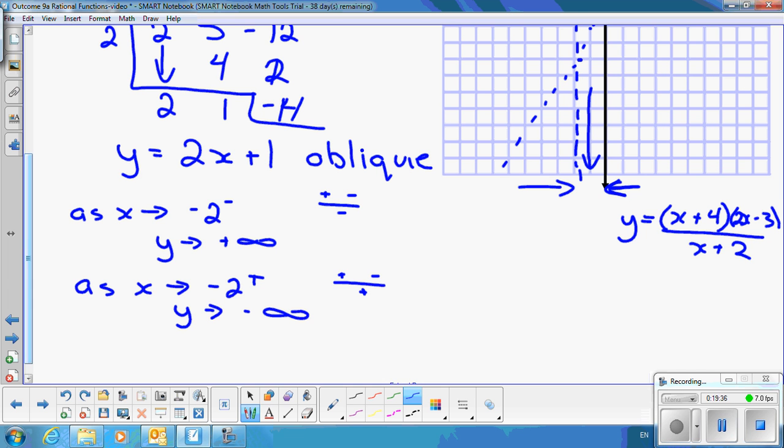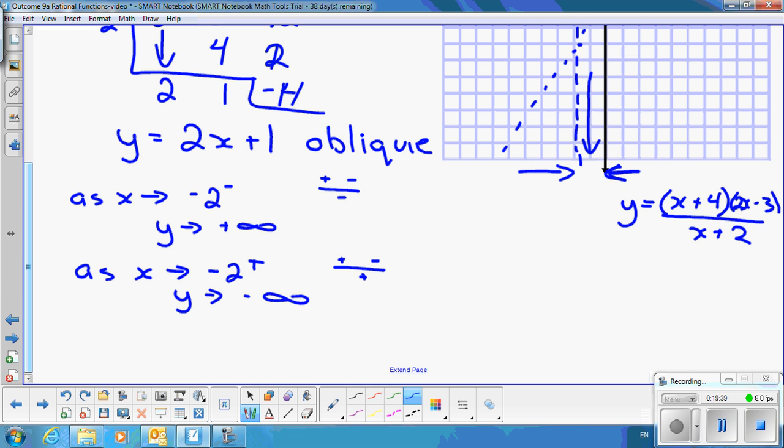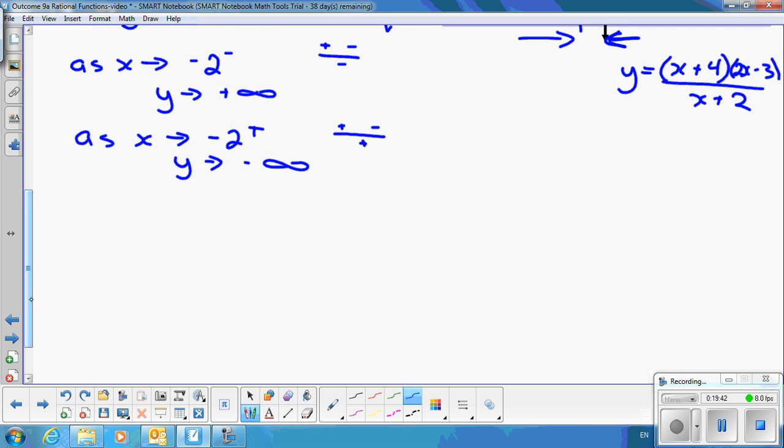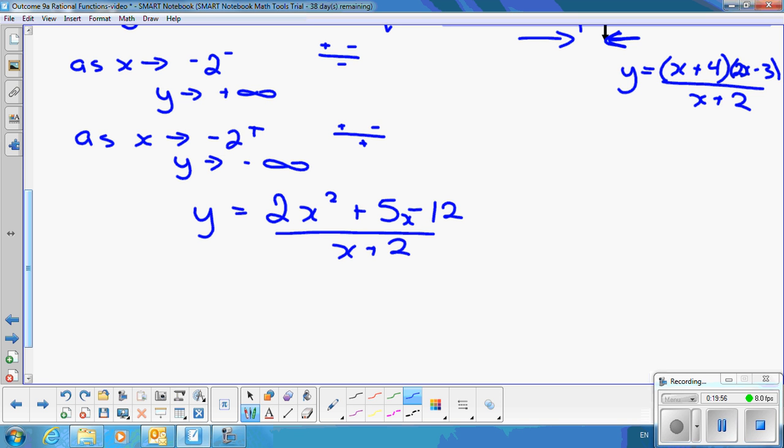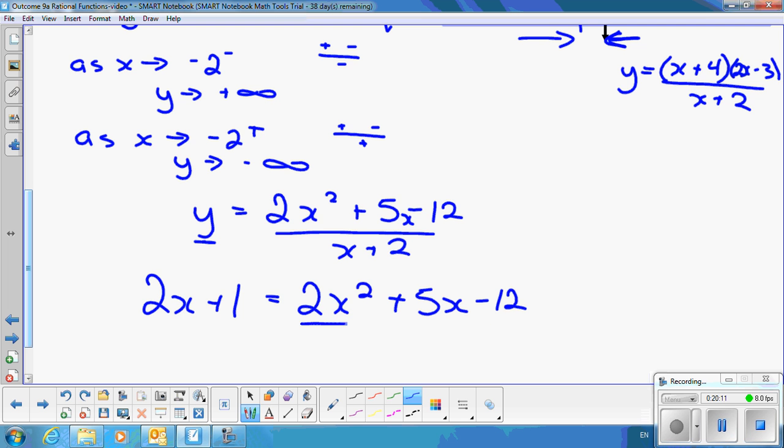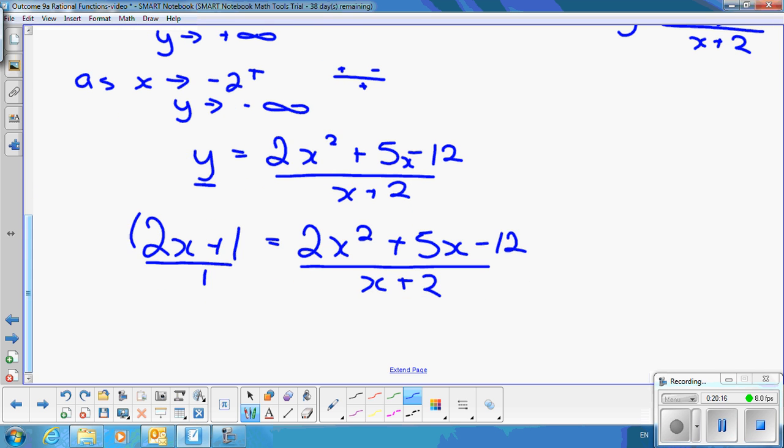Now we can test to see whether our graph actually crosses our oblique asymptote or not. To do that, we need to substitute into our equation. So our equation is y equals 2x squared plus 5x minus 12 all over x plus 2. We want to substitute in here the equation of our oblique asymptote, which is 2x plus 1. So substituting that in, I need to cross multiply.